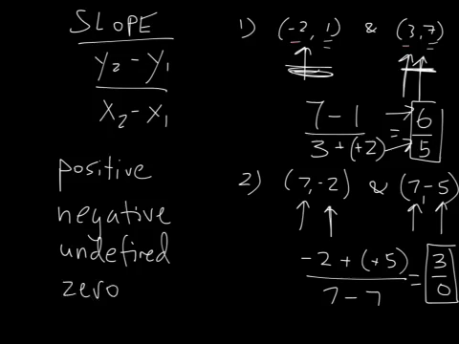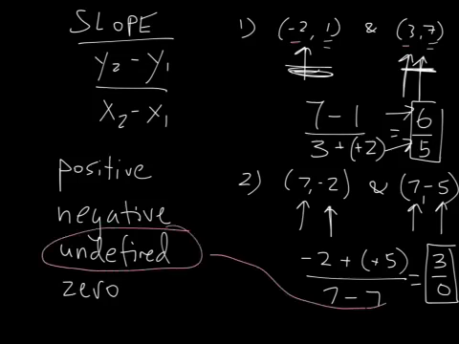The example we just did in number 2 is an example of an undefined slope. You cannot divide by 0, therefore that slope is undefined.